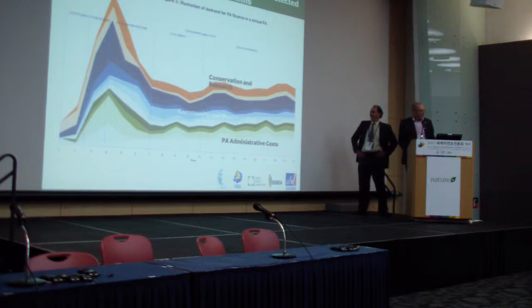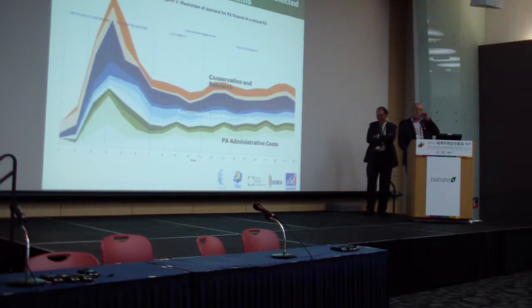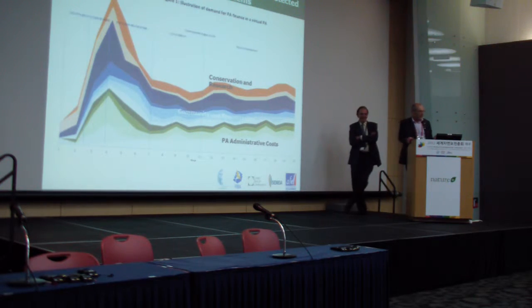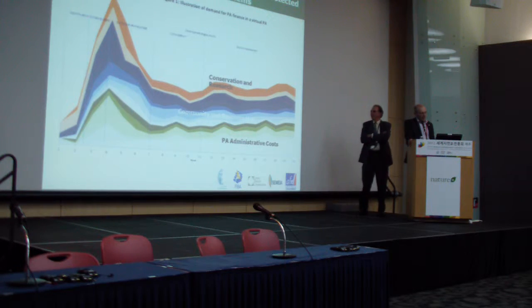I continue. So this is also to illustrate what we are speaking about. This is purely an illustration, it's not a real case. It shows that from the stage of the creation, when you have several efforts in assessment, you are in a phase of identification of the needs for conservation and the establishment of a protected area, then you start to reach a phase of investment.